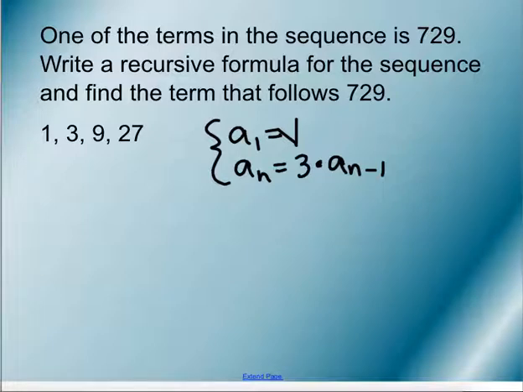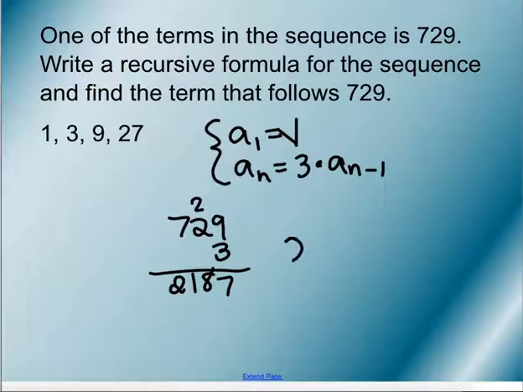So if we have 729, I need to multiply by 3 to get to the next term. So we would get 2,187 as the next term that follows 729. We just use the pattern to continue it.